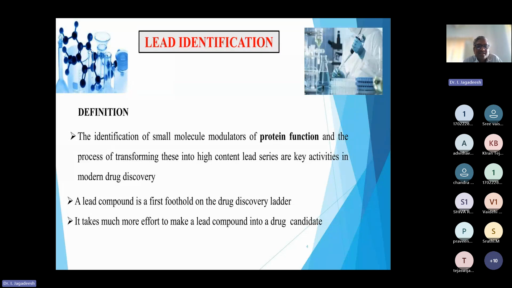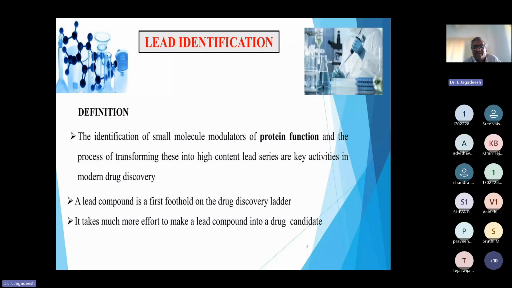The identification of small molecular modulators of protein function, and the process of transforming these into high content lead series, are the key activities in modern drug discovery. So directly, we cannot build the scaffold of a drug. We need to take a protein function, and the protein function we want to modulate.